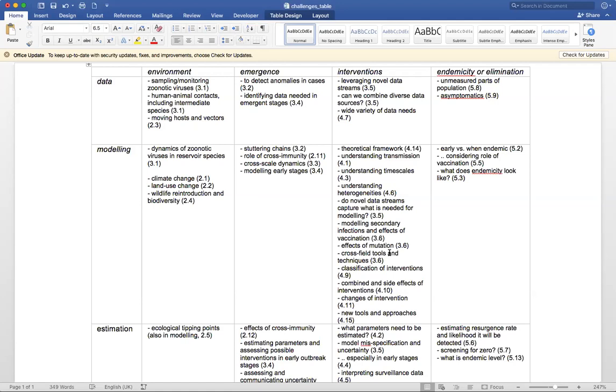If you just make sure you keep a master copy, Mick, so you know what the numbering is for us. So the next one, which you're going to call number 6 in the revised list, is the ecology livestock interactions. Is that not covered by the human-animal contacts, including intermediate species, which at the moment is down under data?